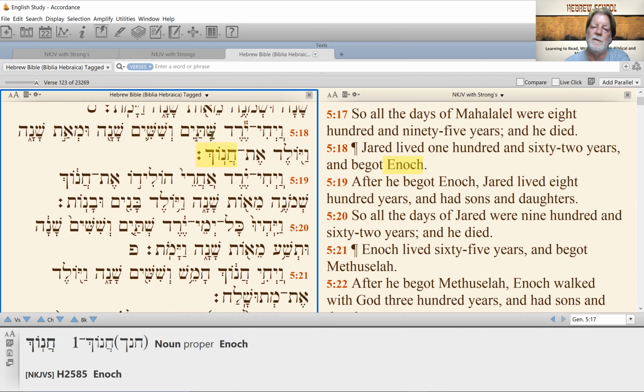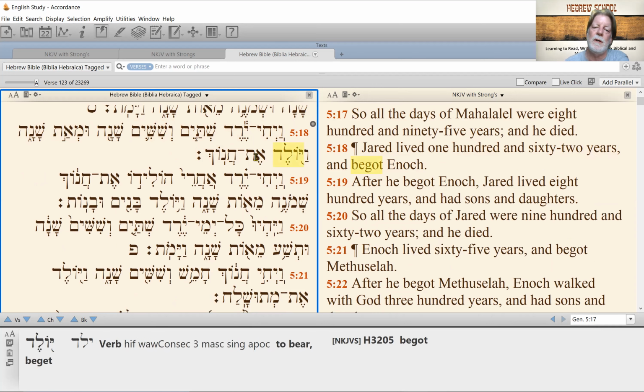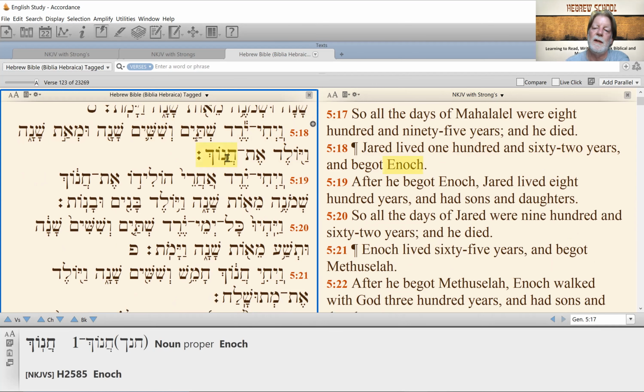Verse 18, Vayachi Yered, and lived Jared, Shtaim, 2, and Shishim, 2 and 60, 62 years, Shana, Ma'at shana, and 100 years, vayoled, and he caused to be born, et Chanok. Chanok.